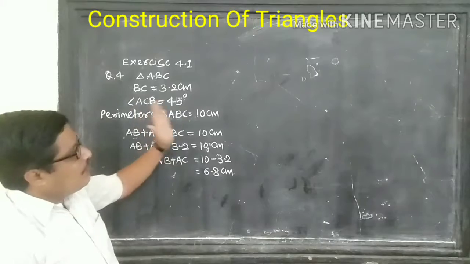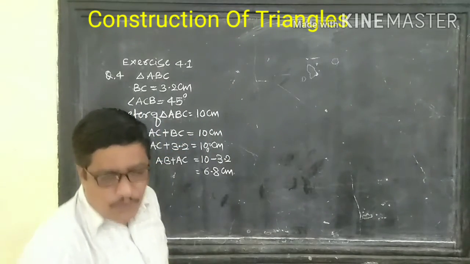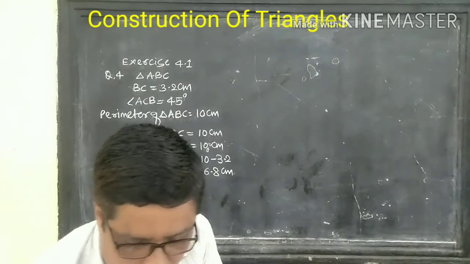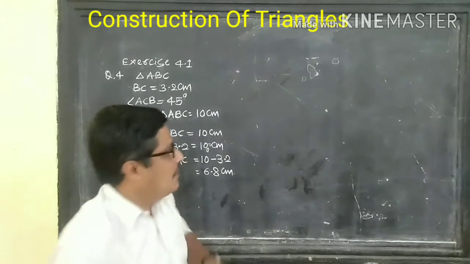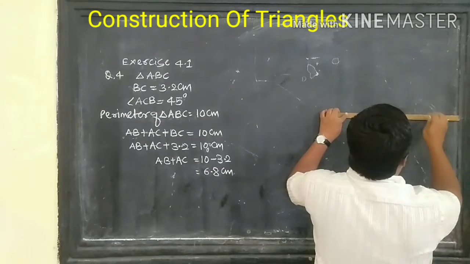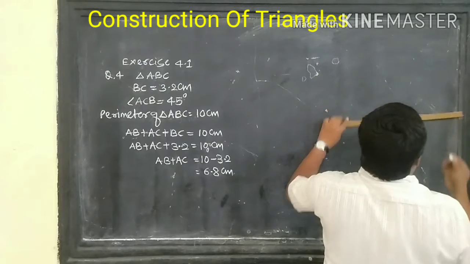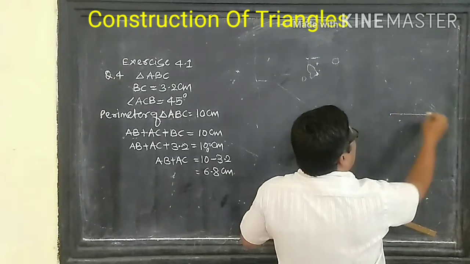Now we have to draw the rough figure of this construction. So first of all we have to take segment BC. So this is segment BC.